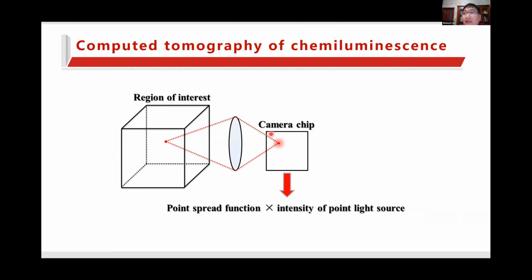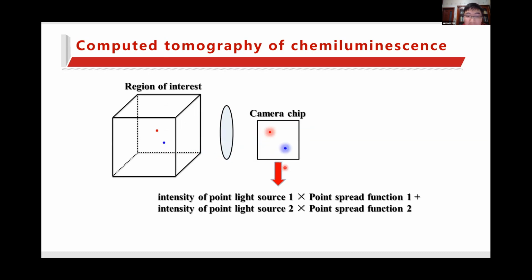Now let me introduce a little bit about chemiluminescence. In chemiluminescence, we don't need lasers, so it's much simpler. We just need cameras. How does it work? Here is the region of interest, and the flame is contained here. Each light point source will produce a point spread function on the camera.